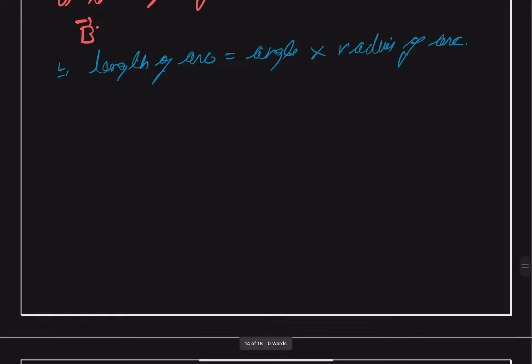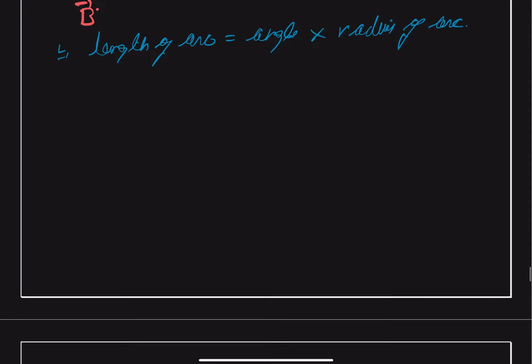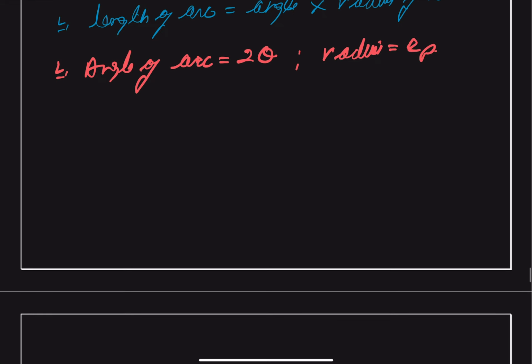From the figure we can say that the angle of arc for the proton is 2 theta, and let us call the radius r_p, and the velocity is v.